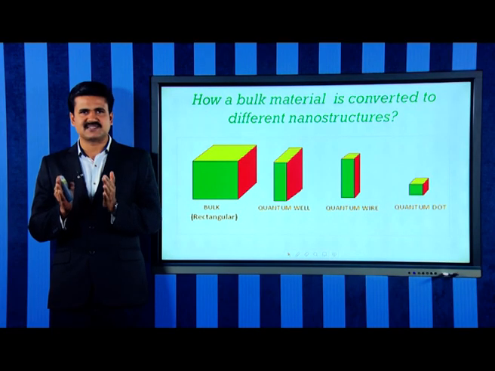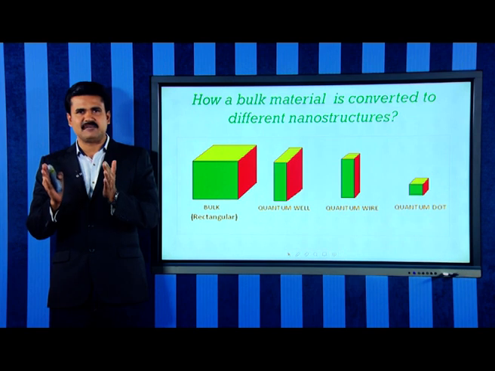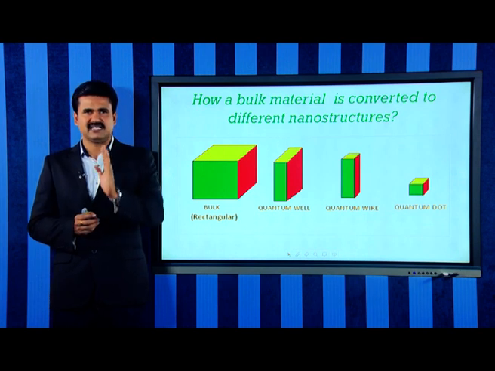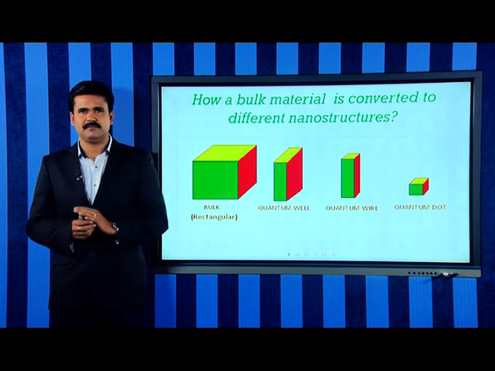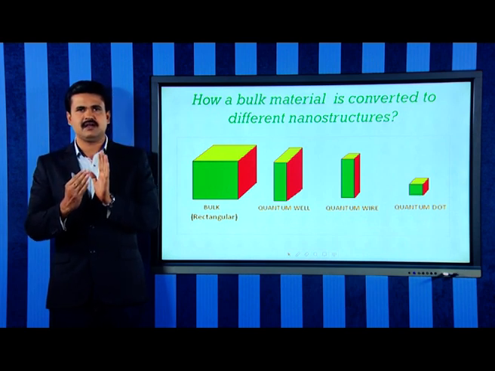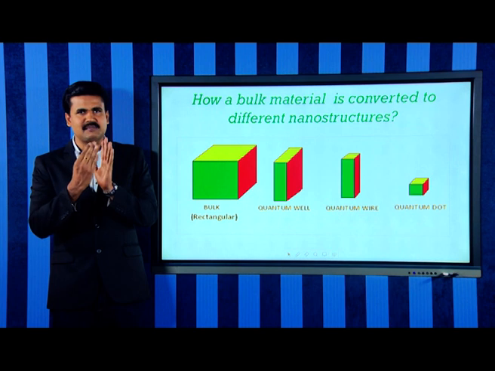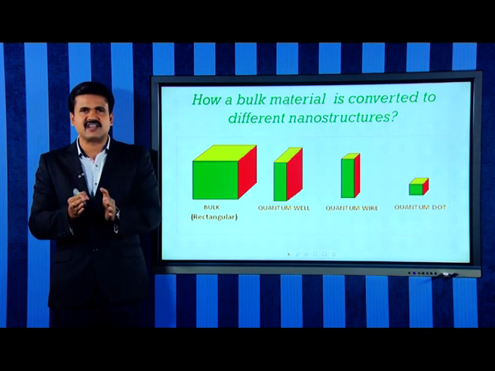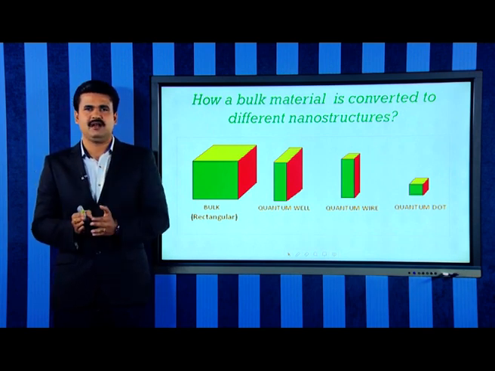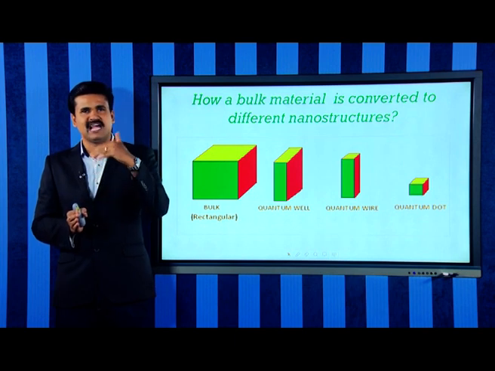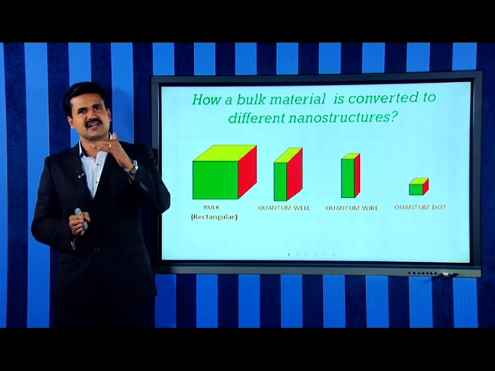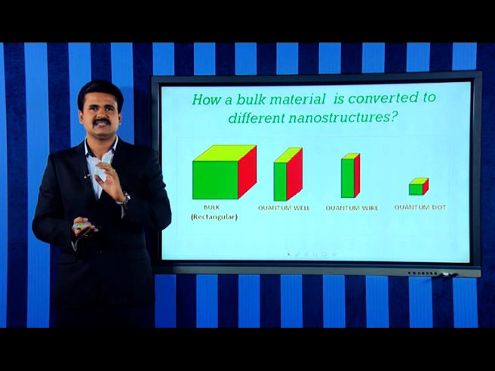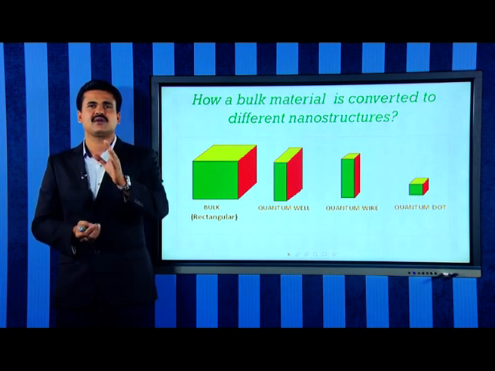Whenever we are reducing one of those dimensions to the nano level, we will get quantum well, that is two-dimensional nanoparticle. Again from the quantum well, if you are reducing one more dimension to the nano level, we will get one-dimensional nanoparticle or quantum wire. There is one more dimension to be reduced. If you again reduce that dimension to the nano level, we will get zero-dimensional nanomaterials or quantum dot.